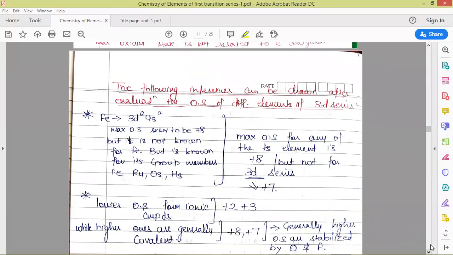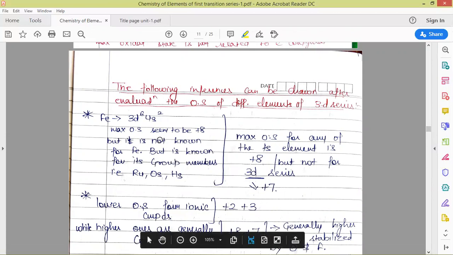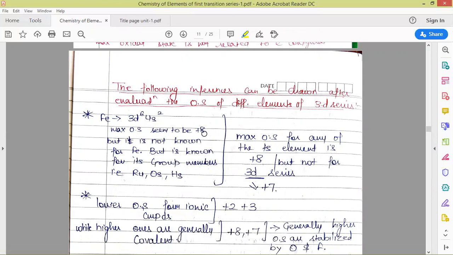These inferences are that iron, which has the electronic configuration of 3d6 4s2, seems to exhibit the oxidation state of +8, which is possible for D block elements. But for iron, it is not possible due to smaller size, but the other group members of iron, that is osmium, ruthenium, and hassium, exhibit oxidation states of +8.